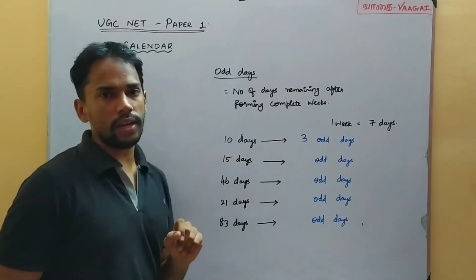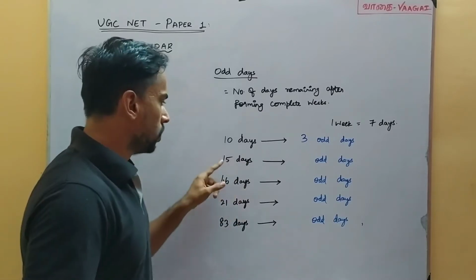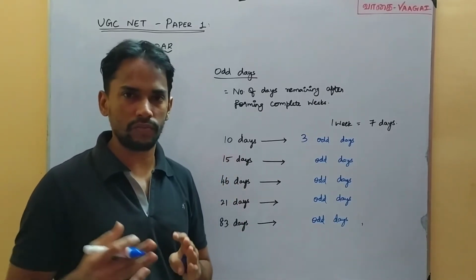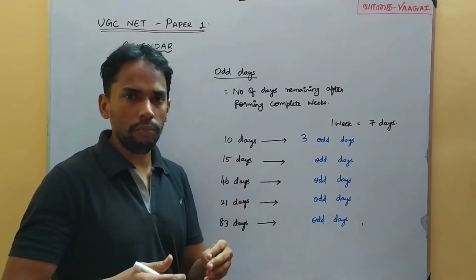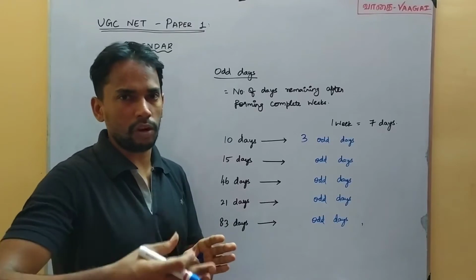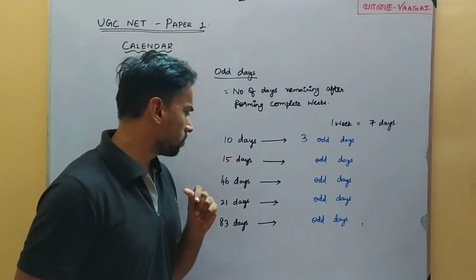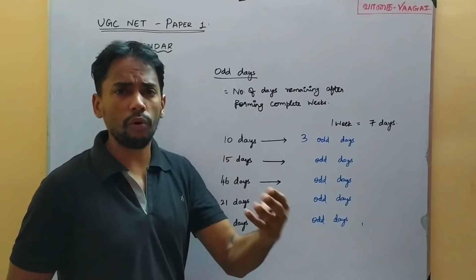Take 15 days. For 15 days, how many odd days will we have? With 15 days, think about the maximum number of weeks we can form. That is more important. For 15 days, we can form 2 weeks, because 2 sevens are 14 days.